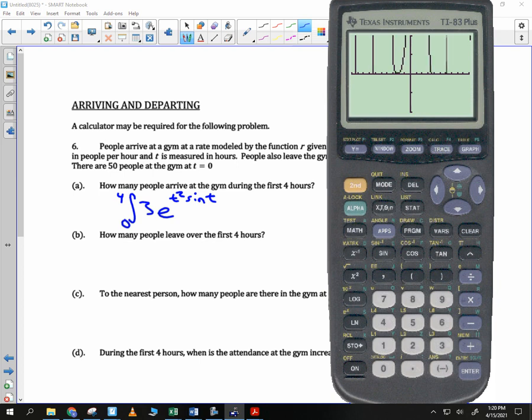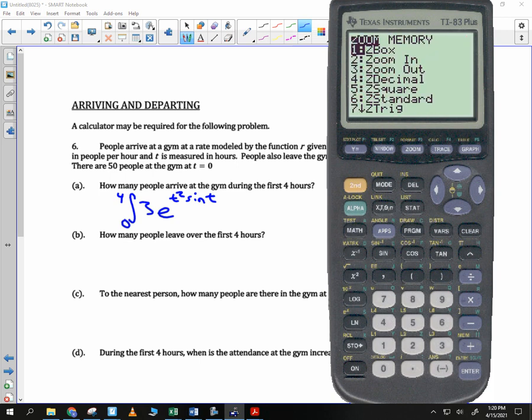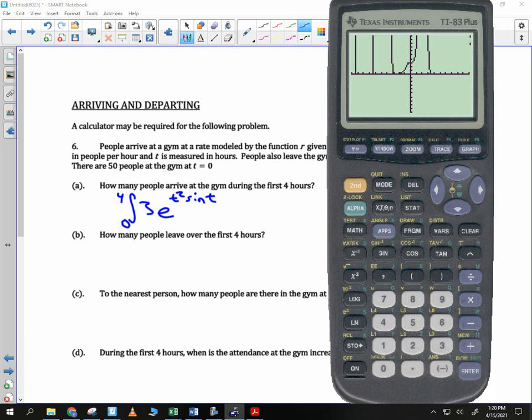My calculator is having a little bit of problem because my window's out of whack. We'll try again. Window, I'll go zoom 6. Get a little bit better of a viewing window. There we have it right there. Okay. So I second calculate and I do 7 and I go from 0 to 4.